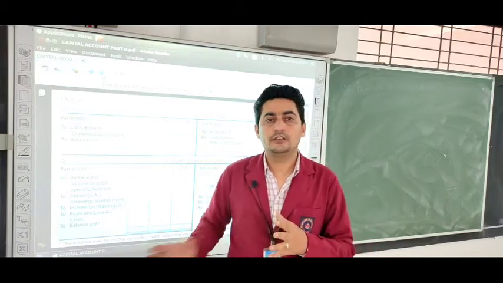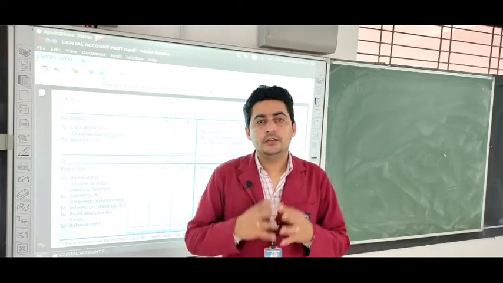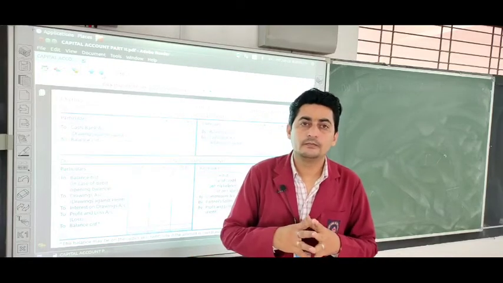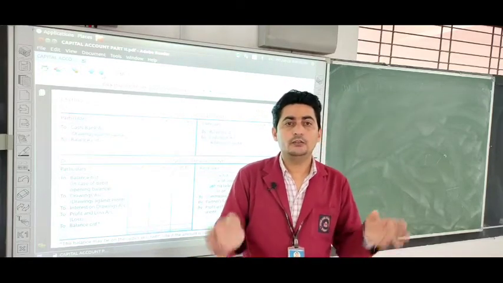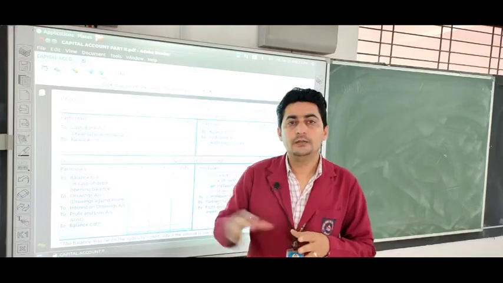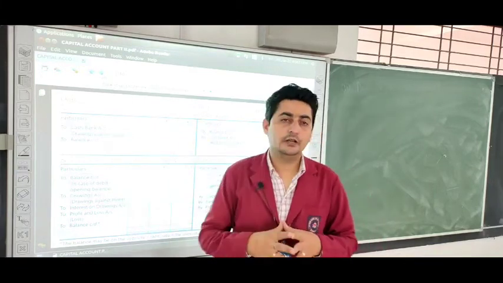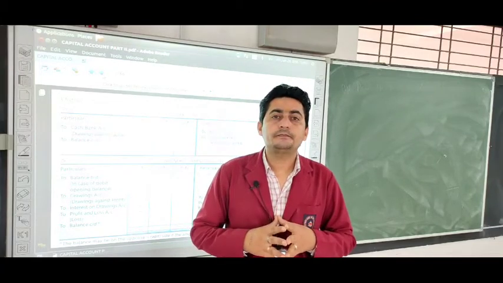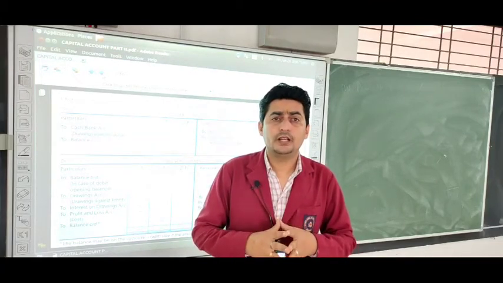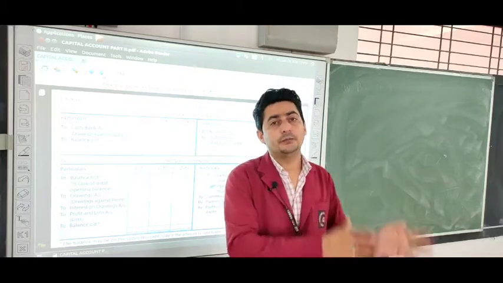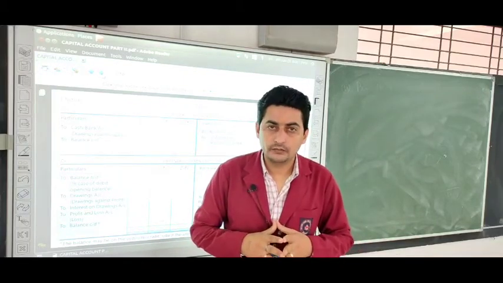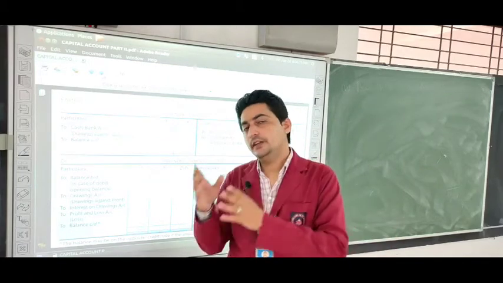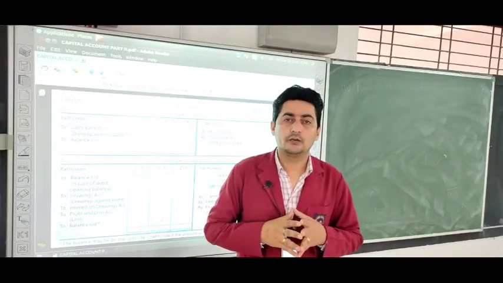Manager's commission will not be here. Interest on partner's loan is charged against profit, so it will not be here. Fourth point, while preparing capital account, first we have to prepare profit and loss appropriation account. After preparing profit and loss appropriation account, then we can prepare capital account.